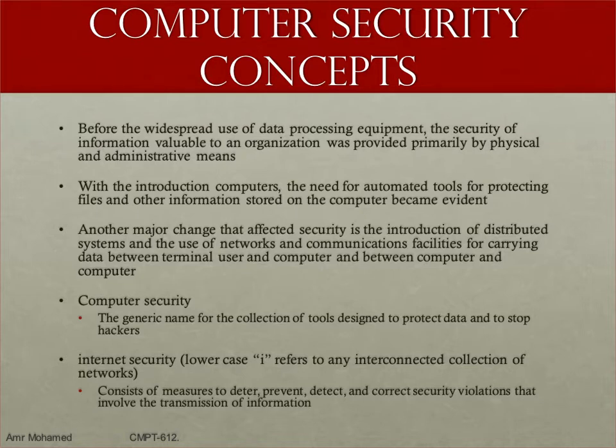Because Internet in general is public, but when we say internet with lowercase i, this means that we're talking about any interconnection of networks or LANs and WANs. So this is of course the main focus of this course, to try to secure data and information while it's being transmitted from one system or one node to another.